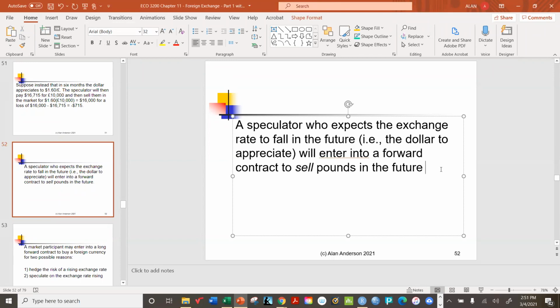In other words, enter into a short position in pounds. So a short position would be entered into by a speculator who's expecting the exchange rate to fall, in other words, a stronger dollar, because if he's right, he'll make money.